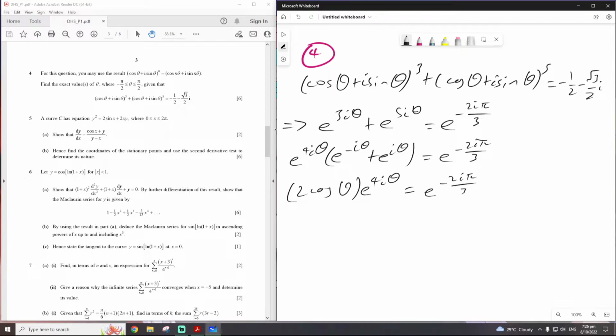Alright, and now I'm going to bring all the e terms to one side, and I'm going to bring this to the other side. So we'll have e^(i(4 theta + 2 pi/3)), plus actually. Yeah, plus. And this equals half secant theta.